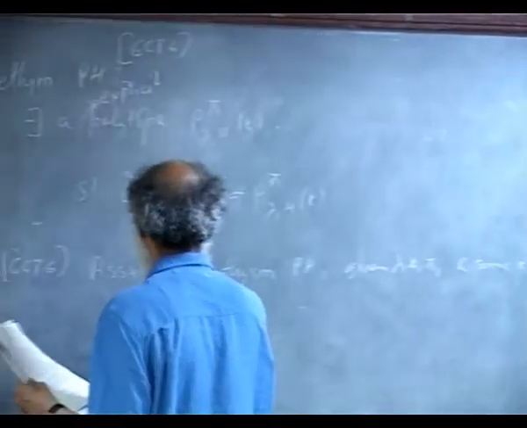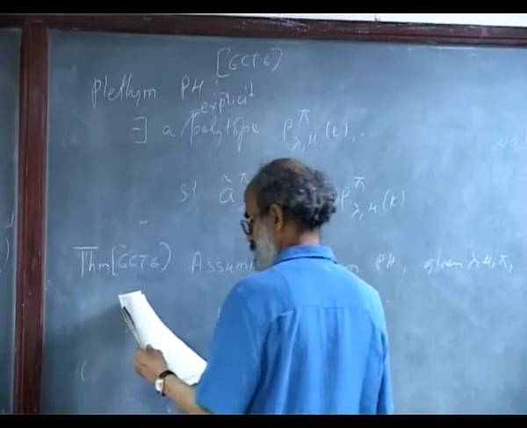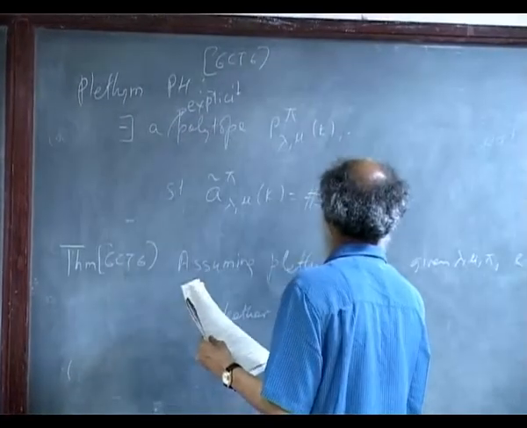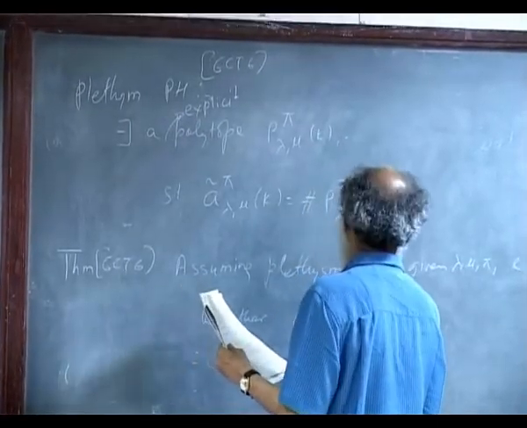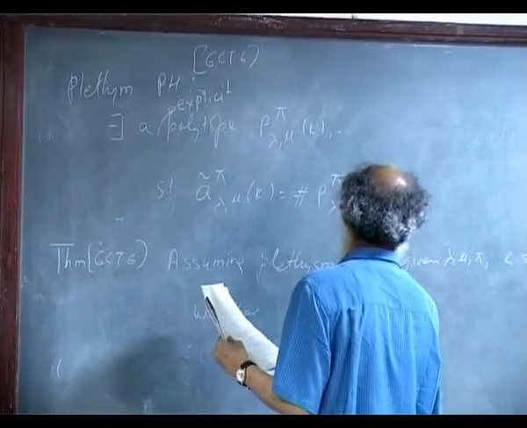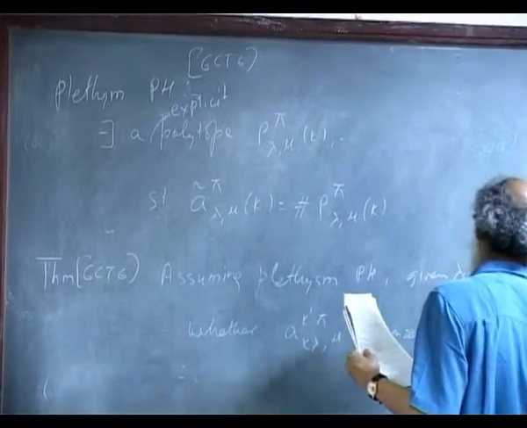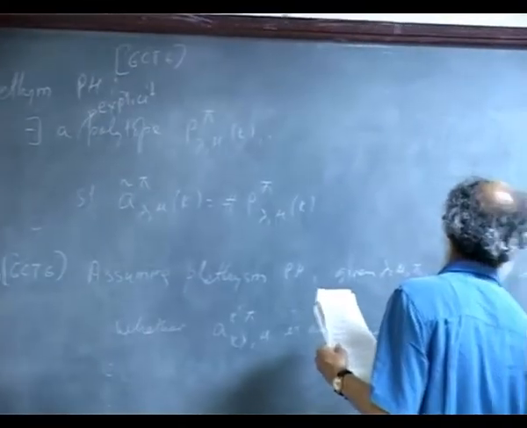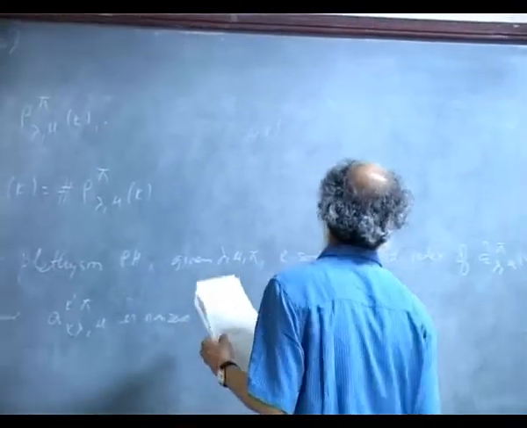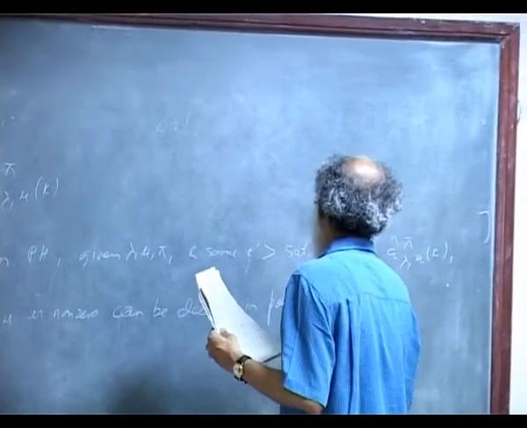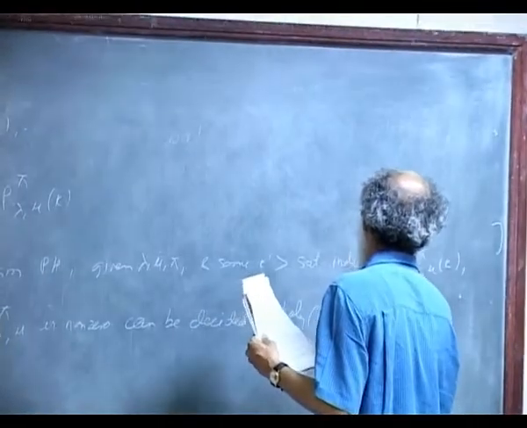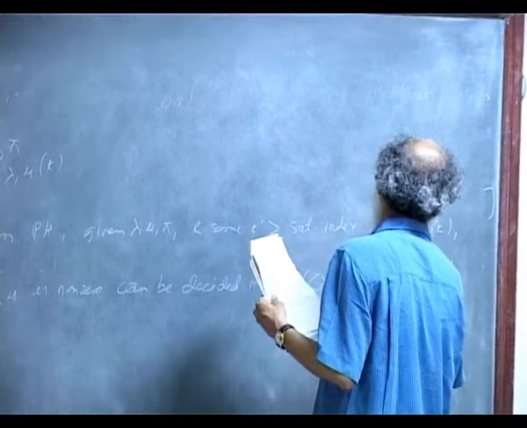whether A k prime pi lambda mu is non-zero can be decided in time polynomial in lambda, pi, mu and the bit length of k prime.